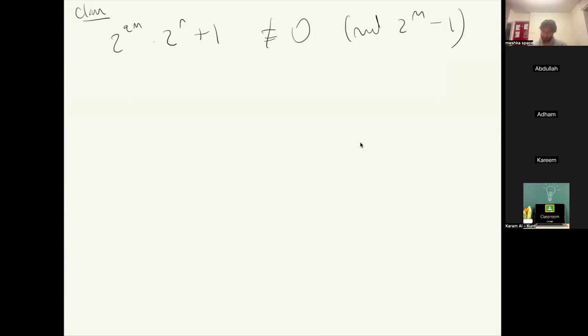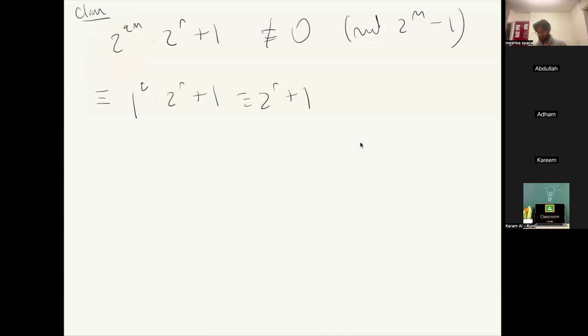Great. First of all, 2 to the m is just 1 modulo 2 to the m minus 1, right? So this is 1 to the power q times 2 to the r plus 1, which is just 2 to the r plus 1, right?